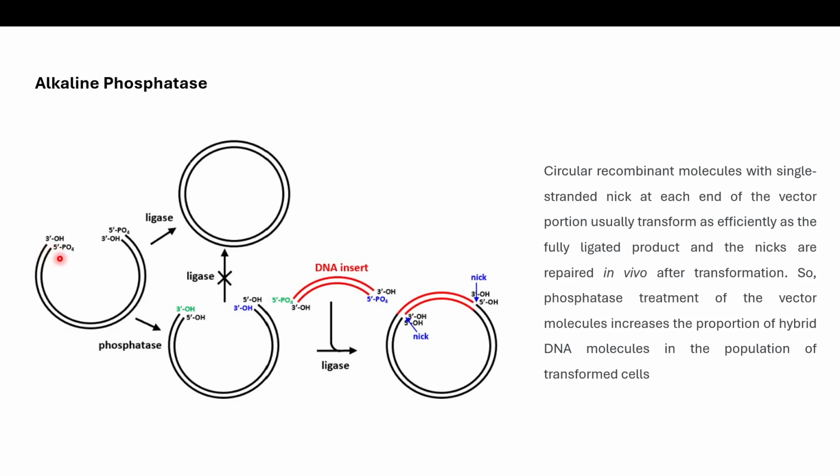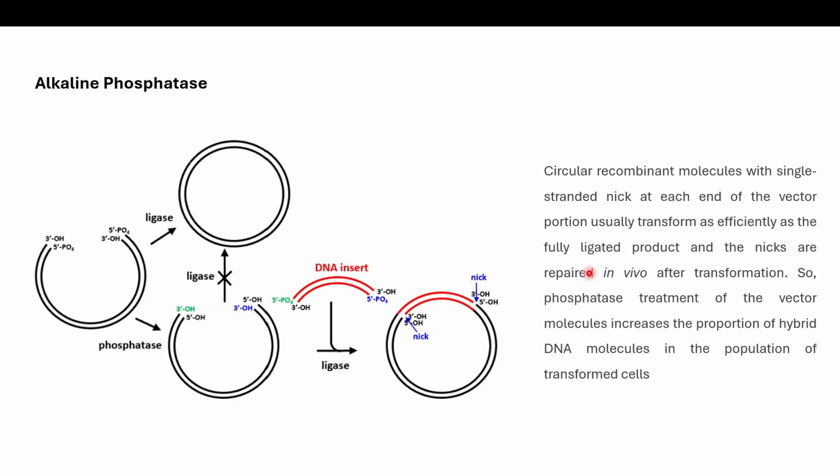Fully ligated means that, if terminal phosphates were present, the 5' phosphate would have joined here and this 3' OH with the 5' phosphate would have joined to form a phosphodiester linkage without any nicks. Here the nick is present because we can't form a phosphodiester bond between 5' OH and 3' OH.